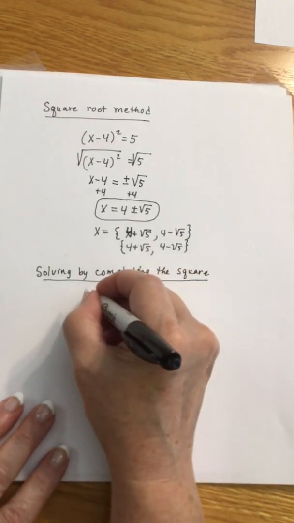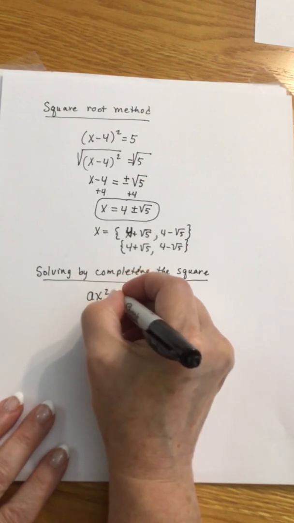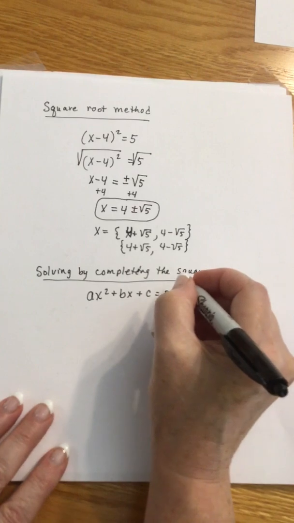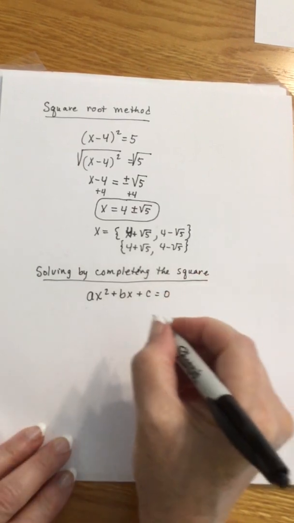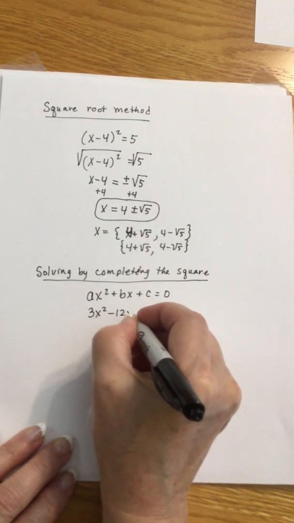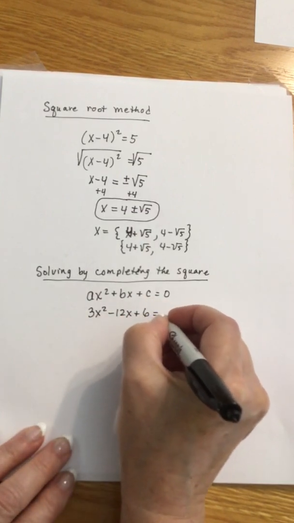So we're going to start out with ax squared plus bx plus c equals 0. So we need to get one side equal to 0. So we're going to start out with an example, 3x squared minus 12x plus 6 equals 0.